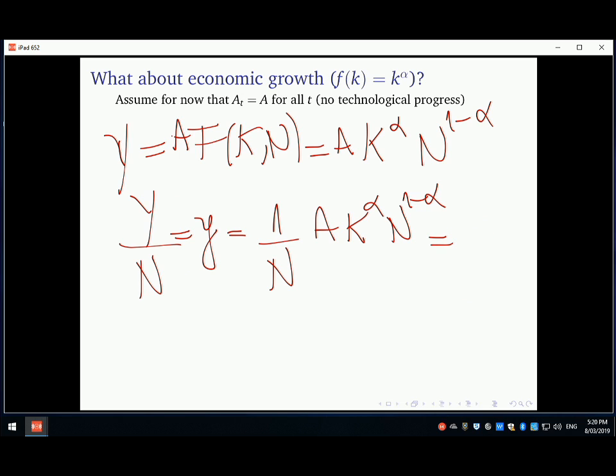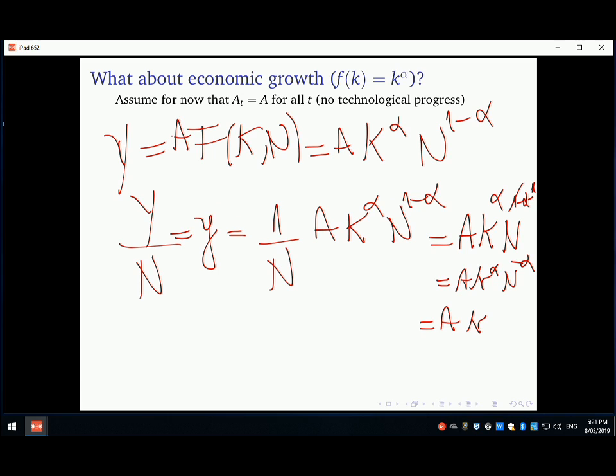So it's N to the 1 minus alpha divided by N, which is A K alpha and N to the power of 1 minus alpha minus 1, because you got the 1 in the denominator from that N. And that is equal to A K alpha N to the minus alpha. This one cancels with that one over there, and you got N to the minus alpha.